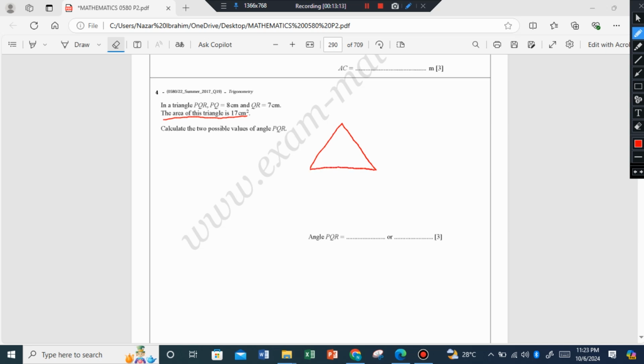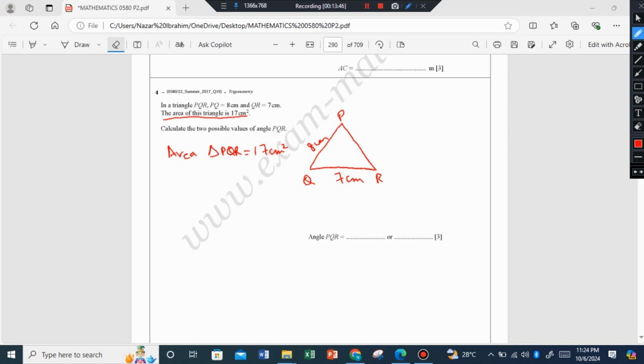I am labeling it as P, Q, and R, right? PQ is equal to 8 centimeters and QR is equal to 7 centimeters, and the area of the triangle PQR is equal to 17 centimeters square.